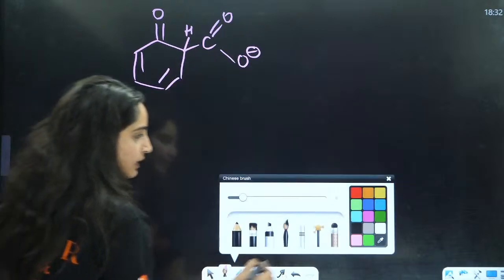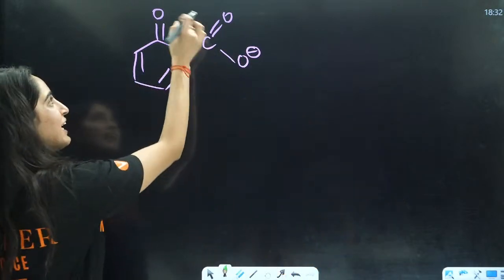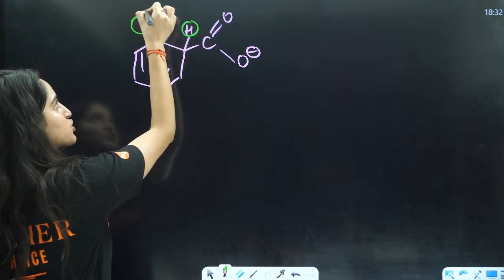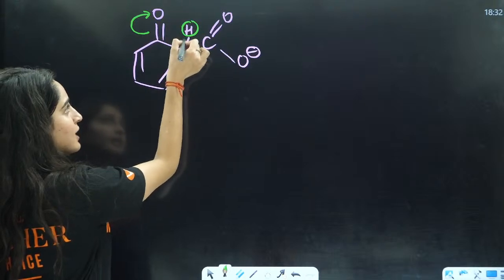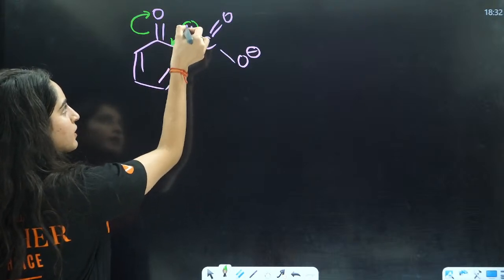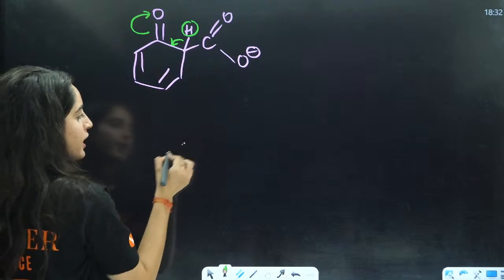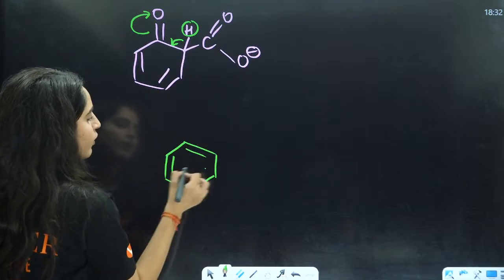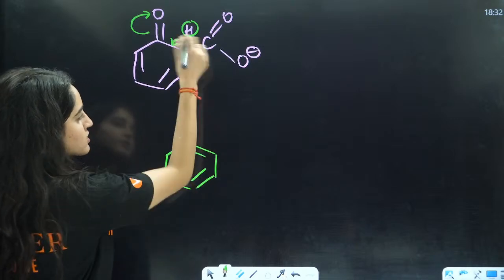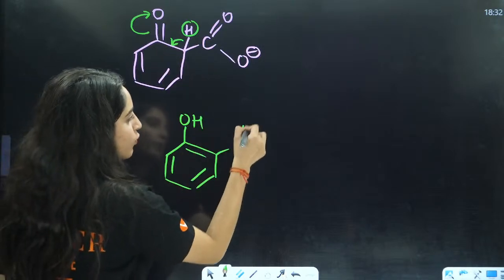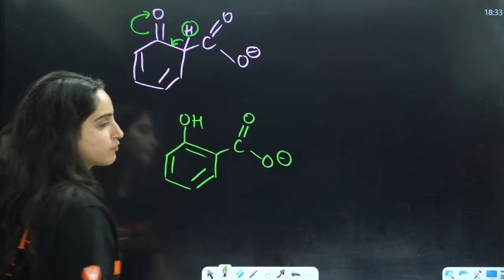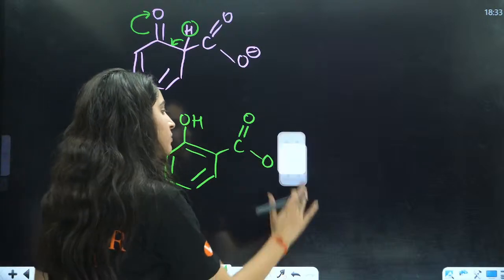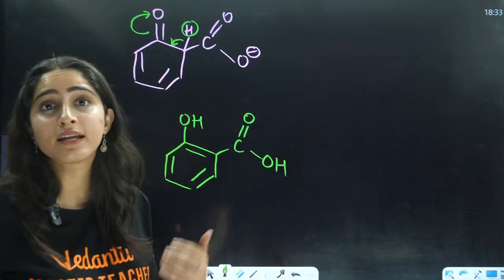If I interexchange this hydrogen to this position, that means the electrons jump here, these electrons jump here, and this hydrogen jumps here. It will become double bond, double bond, double bond. This is O. This hydrogen will jump there. It will become O double bond. This is O negative. Then I just have to add one H positive here. It will become OH. That is your salicylic acid.